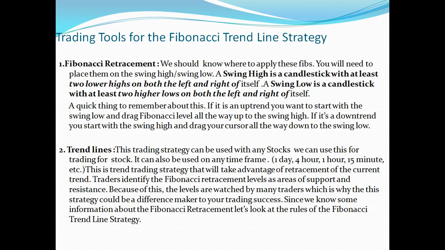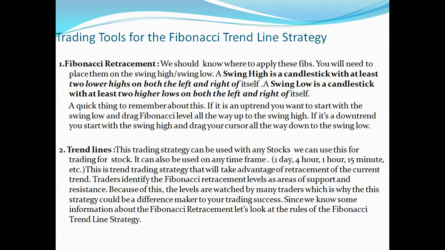You will need to place it on either the swing high or swing low. A swing high is a candlestick with at least two lower highs on both the left and right of itself. A swing low is a candlestick with at least two higher lows on both the left and right of itself.